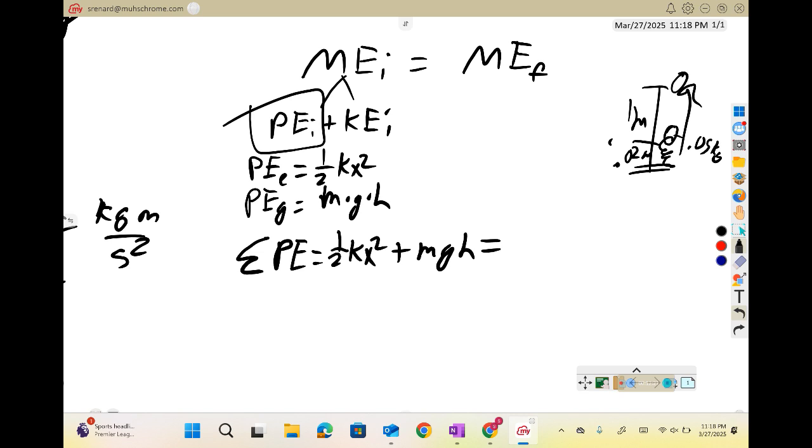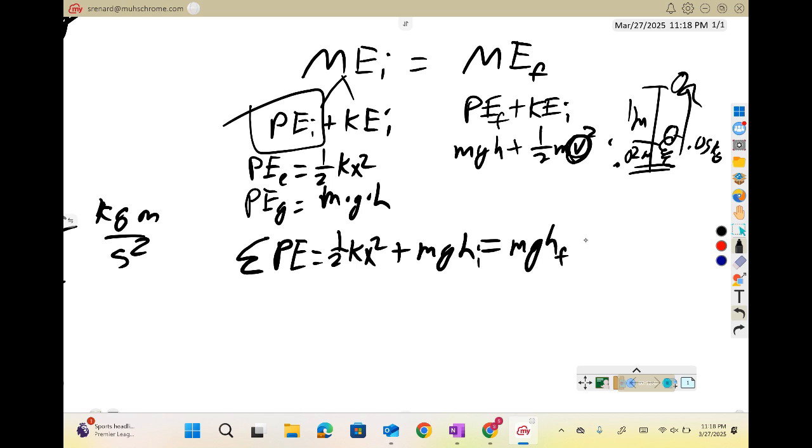Now, when we set this up on the other side, because the spring is pushing it up, we're definitely going to have kinetic energy because it is moving, right? And this is ultimately what we're looking for here, that velocity. But we're also going to have some potential energy.